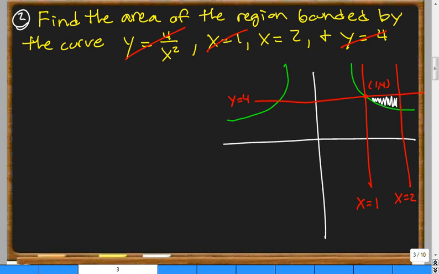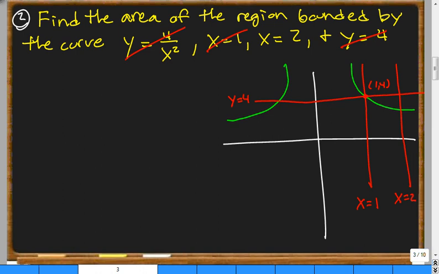How this works is pretty easy. We are going to look for the difference in the areas of these two boxes. Look over here to the right.